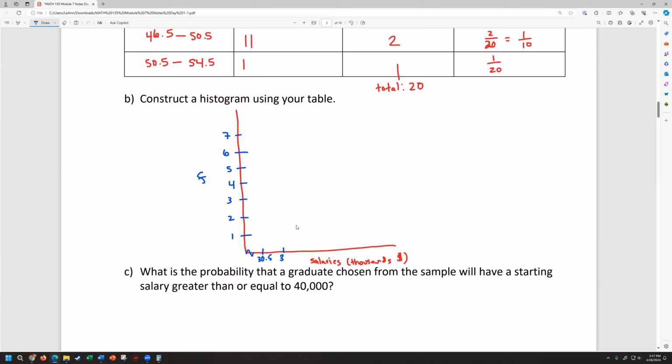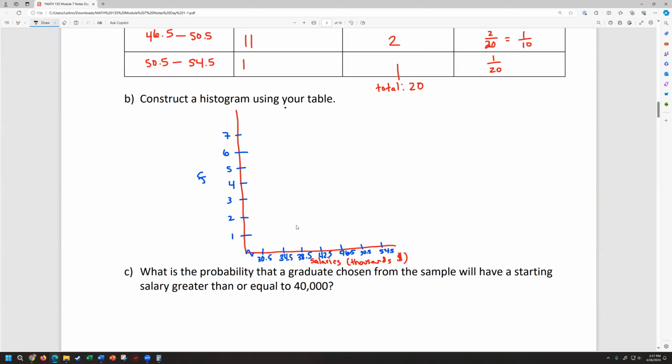Remember, they're going up by 4. So 34.5, 38.5, 42.5, 46.5, 50.5, and 54.5. Now, when you draw your histogram, oh, and we also need a title.